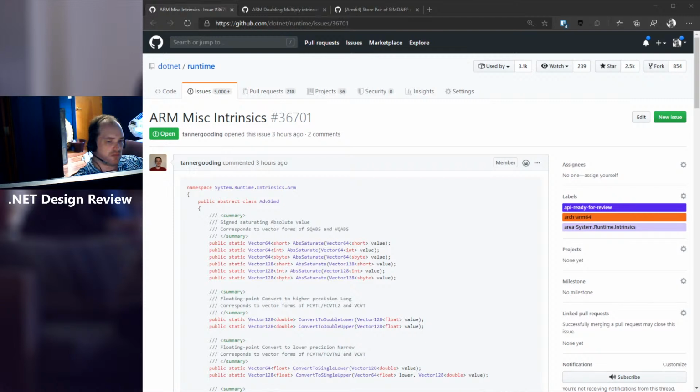But do we actually need convert to double lower taking a vector 128 float? Because you can get the lower half effectively, and could do that with a get lower. We had previously said we would be explicit to avoid people needing to insert the get lower 2 vector 128 unsafe APIs.